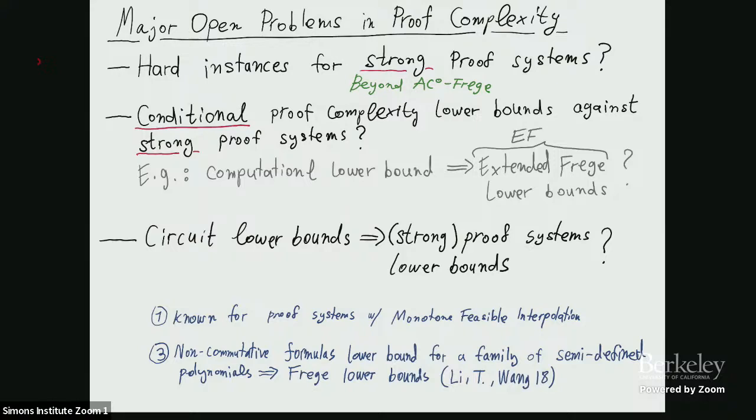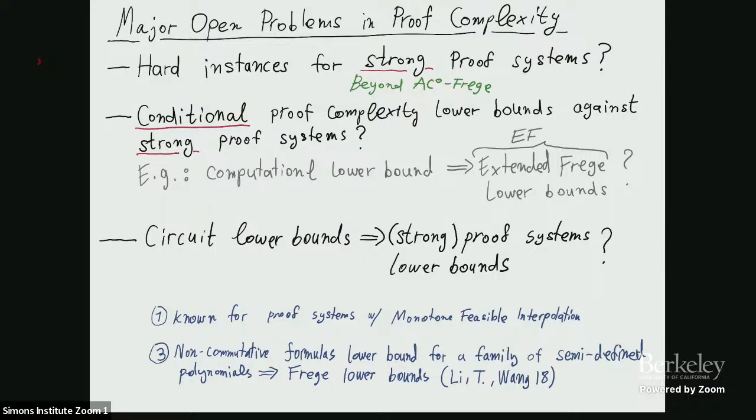It means that EF has hard instances. This is the question: conditional lower bounds. And something slightly more specific than this, we want to ask whether we have a very tight connection between circuit complexity and proof systems. So do we have this kind of result? Circuit lower bounds imply strong proof system lower bounds.